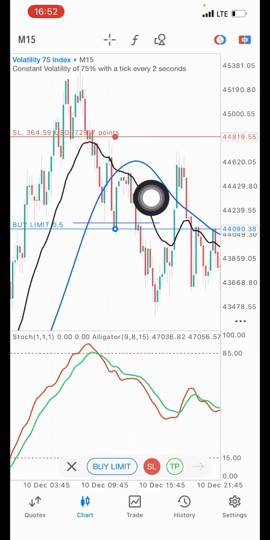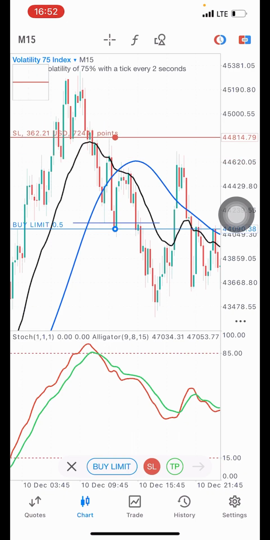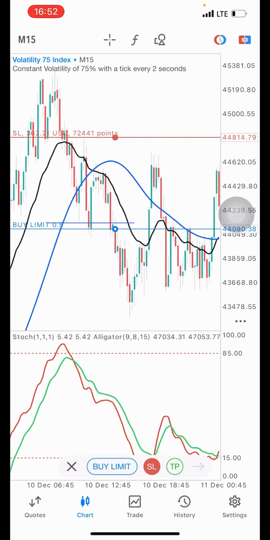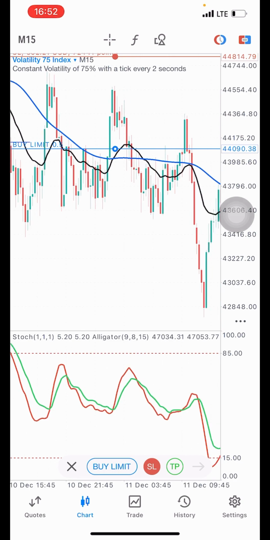That's the safest place, or you can place it here, but this area is the safest, like I earlier explained. Then you target 2x of that risk, or you can use this indicator as your TP, allowing it to get to the oversold level, which is our 15 level, before you exit.